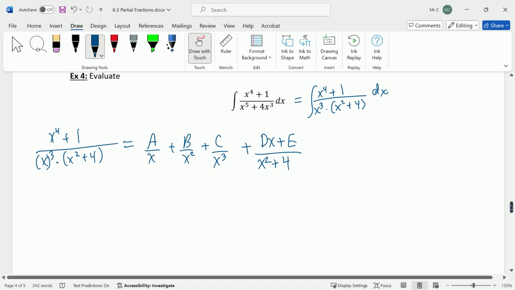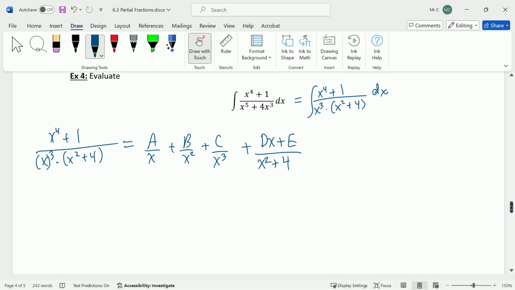Okay, so now I do the same general approaches initially to solving this algebraically. I get x to the 4th plus 1 equals a times, okay, what's my largest power of x? x cubed. So I'm going to have to multiply the a by an x squared since its denominator is only x so far.